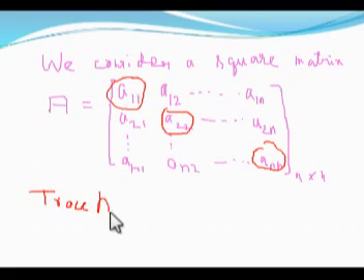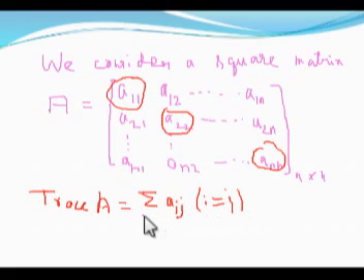Trace A is equal to the summation of Aij such that i equals j, where i runs from 1 to n.